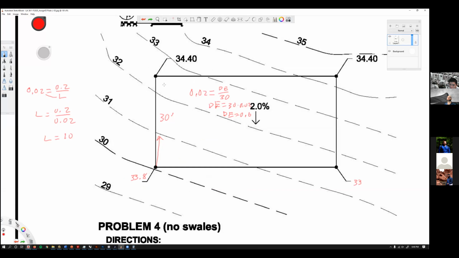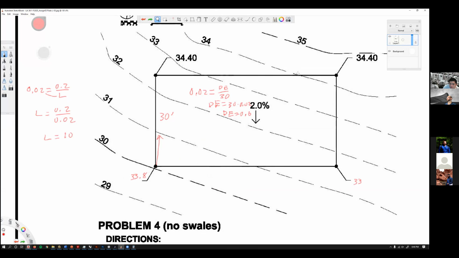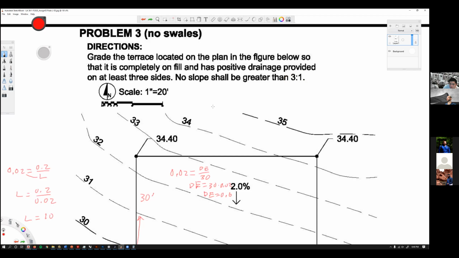So we're at 34 right here. We're going to go down from 34.4 to 34. To figure out how far that first contour line of 34 is from 34.4, we're using the 3-to-1 slope. We're looking for the L in the slope formula, right? We have our DE over L, and that's going to be the distance that the first point is away from the corner of the slab.